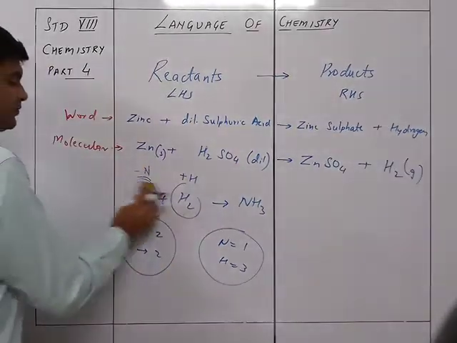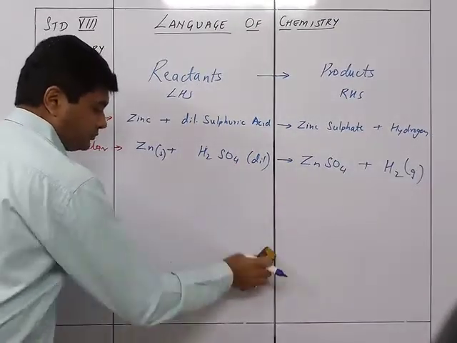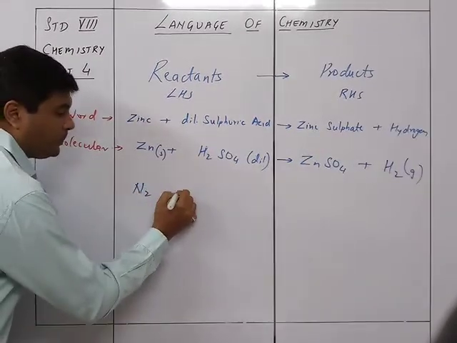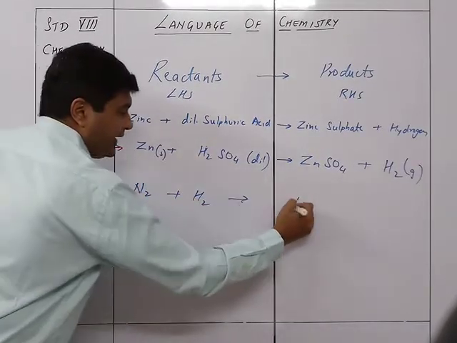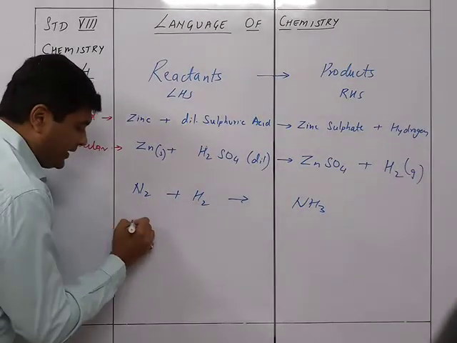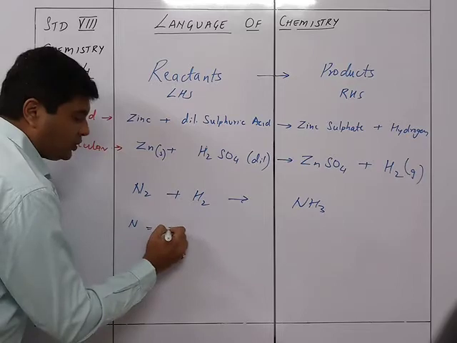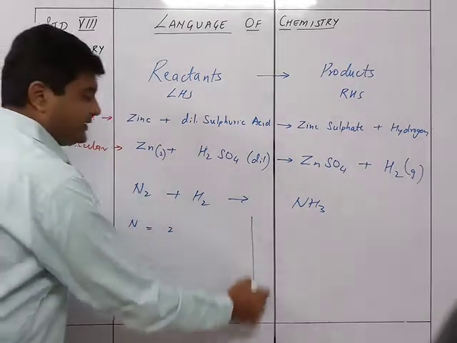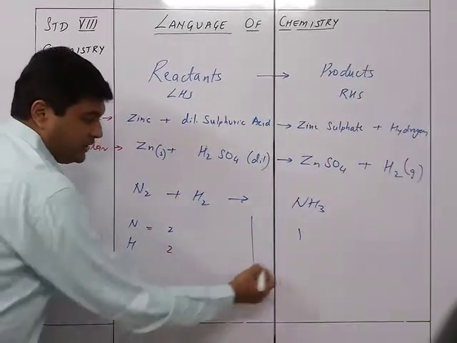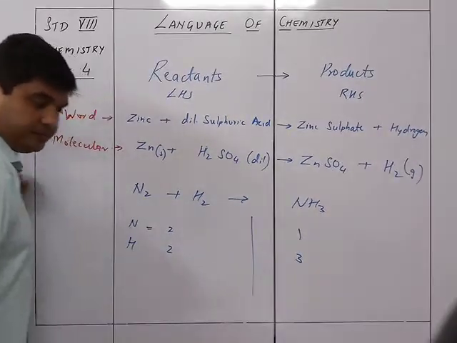So for this, we write N2 plus H2 giving me NH3. Nitrogen is 2 atoms over here, whereas there is only 1 here. Hydrogen is only 2 here and 3 over here.